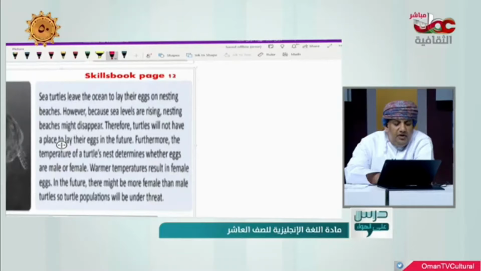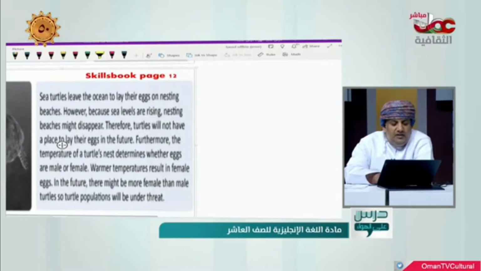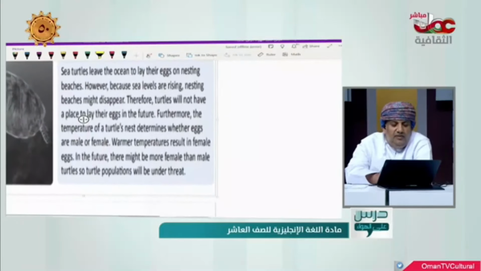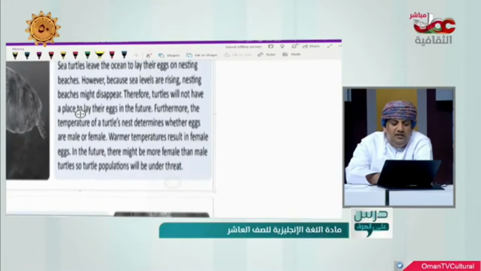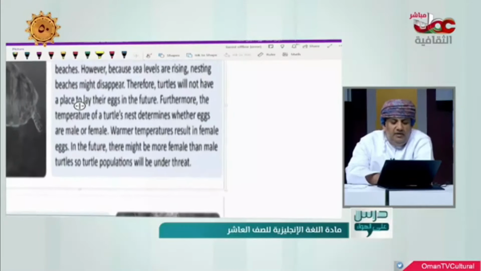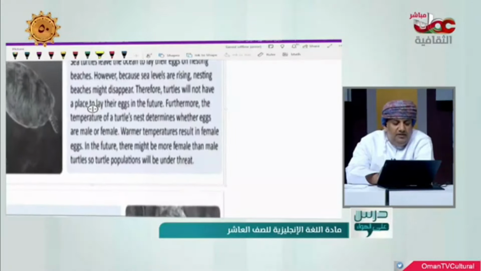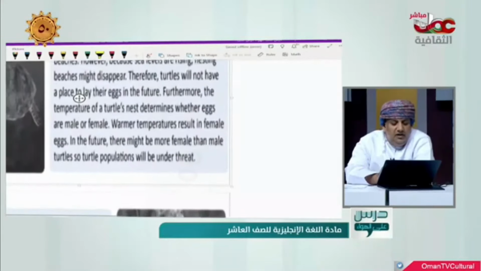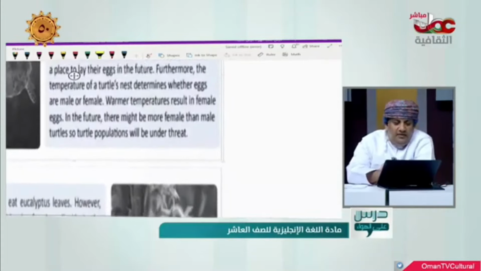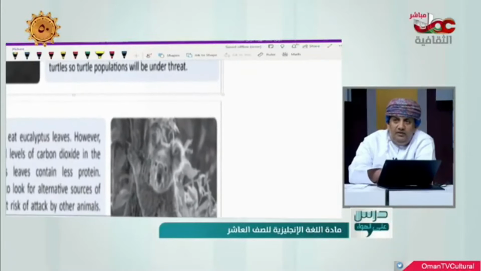Furthermore, the temperature of turtles' nests determines whether eggs are male or female. Warmer temperature results in female eggs. In the future, there might be more female than male turtles. So turtle populations will be under threat. So this is about the turtle.